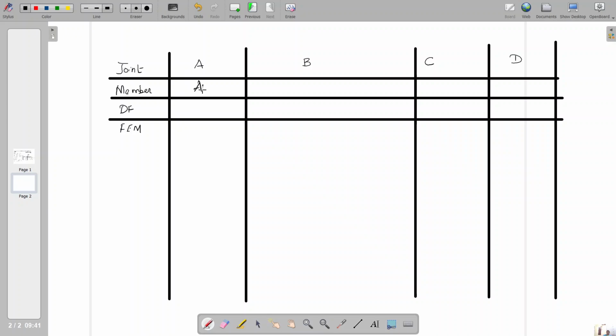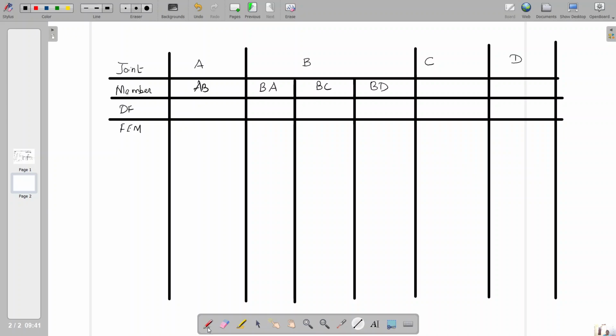Next, the member identification: AB, for the joint B, BA, BC, BD are there. So I am going to separate these three columns. And CB at the joint C and DB at the joint D. The distribution factor for BA is 0.41. Here it is 0.25.